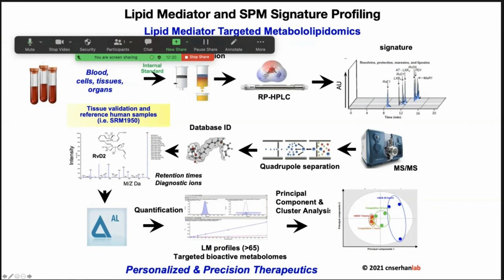And we quantitate not everything, but have focused on these pathways in a targeted bioactive metabolome, and then principal component analysis, which we think will be useful in personalized and precision therapeutics and nutrition in the future.